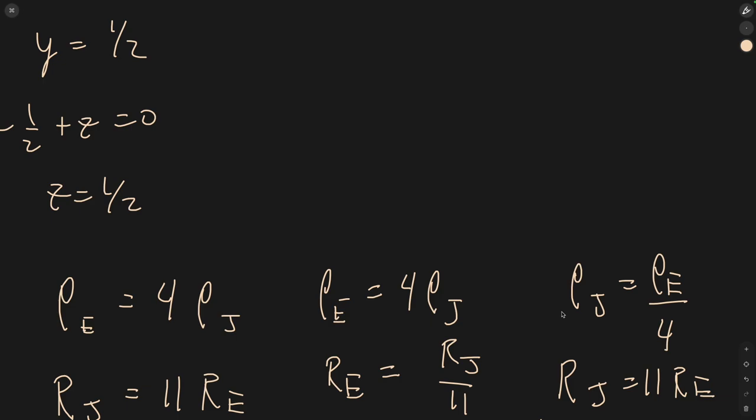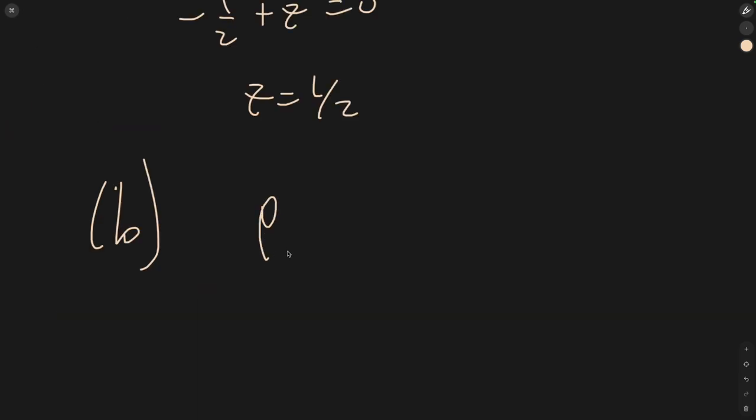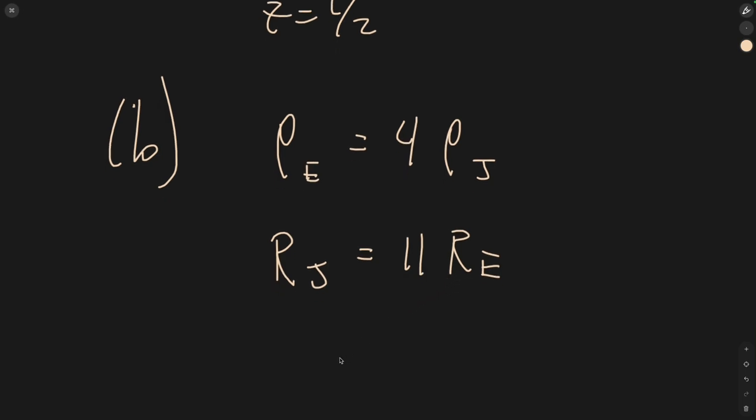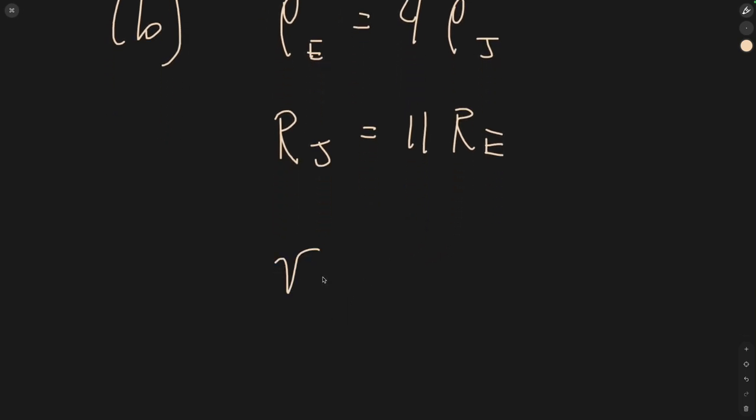Okay, there's your hint. The average density of Earth is 4 times that of the average density of Jupiter, right? And the radius of Jupiter is 11 times the radius of Earth. What is the ratio VJ over V Earth?